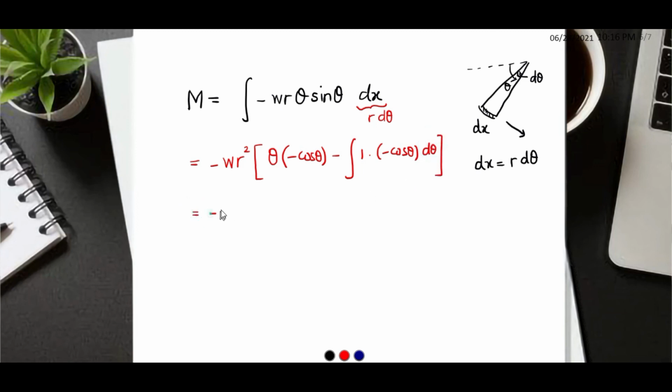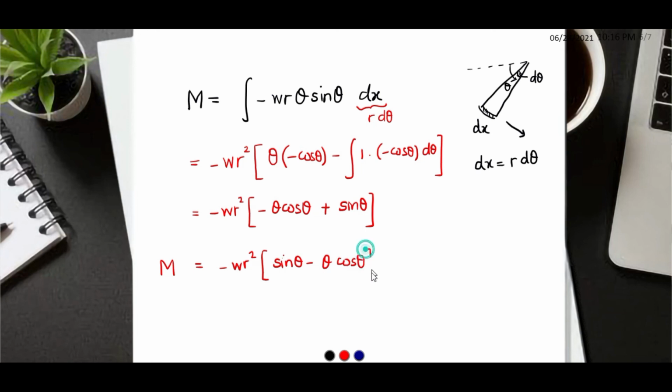So this comes out to be minus w r square, minus theta cos theta plus sine theta, which equals minus w r square, sine theta minus theta cos theta. So this is our answer for the moment at any generalized point P.